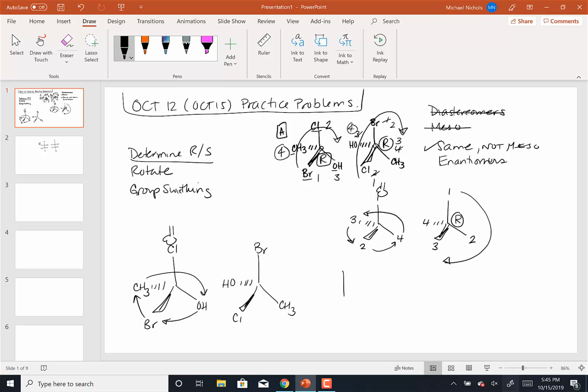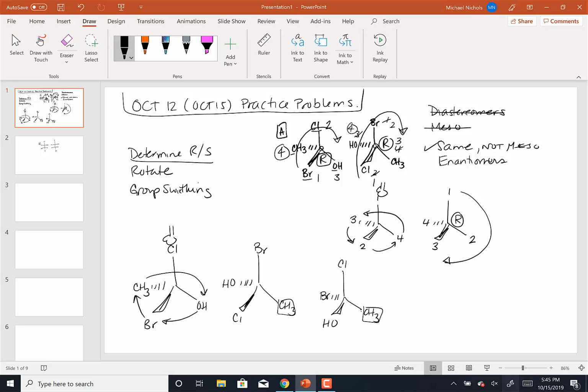If I do that, here's what my molecule will look like. Again, I didn't change the chlorine. I put the bromine now in the back. My CH3 came forward, and then my OH group goes here. So now I've lined up the two CH3s in the same position.